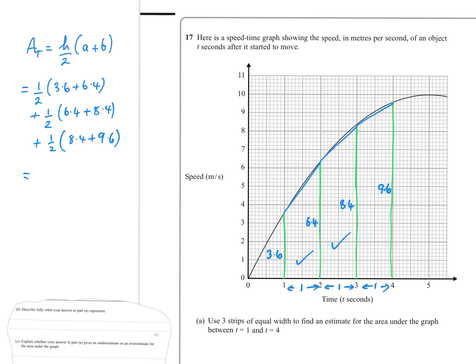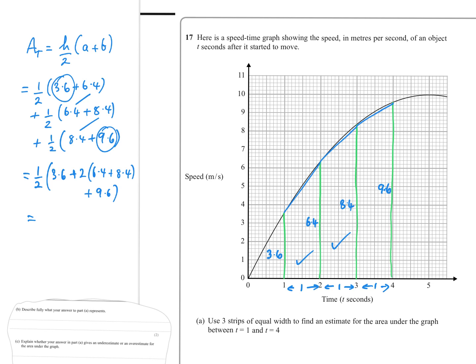So I hope you see why we can group all these together and do it all in one go, because a half is common, i.e. h over 2, and then we've got one of the first ones, two of those, so 2 of 6.4 plus 8.4 plus one of the last ones.